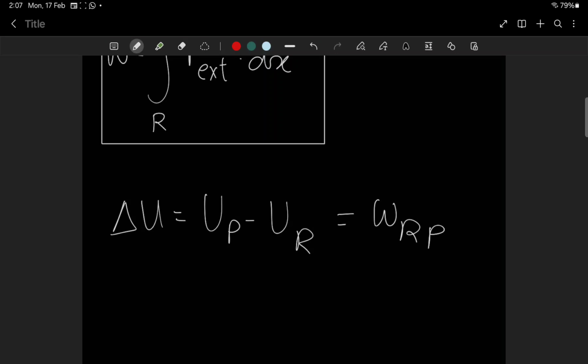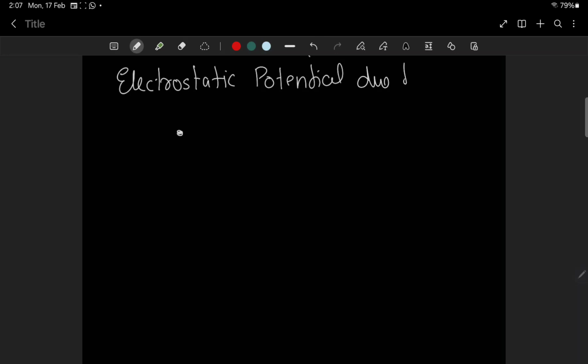Not that important. Now we come to electrostatic potential, first the electrostatic potential due to a unit charge.